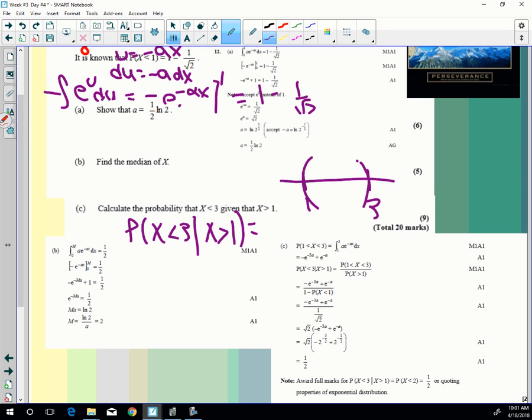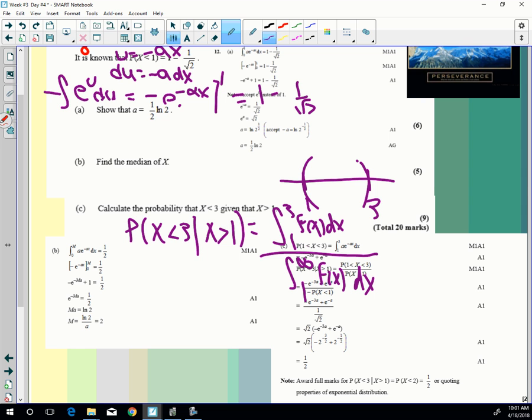The intersection is going to be the integral from 1 to 3 of f of x. And then knowing that this is going to be greater than 1, so it would be 1 to infinity of f of x dx. So they're turning that conditional probability into 2 different integrals.